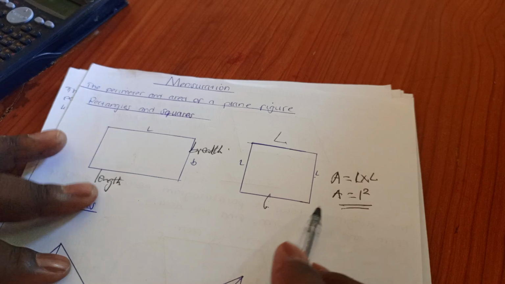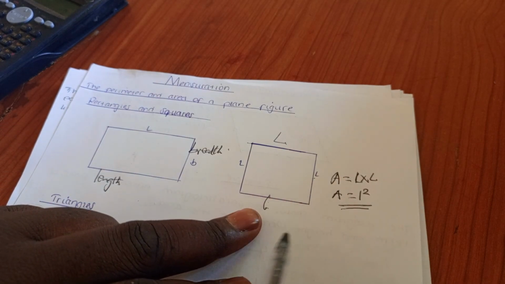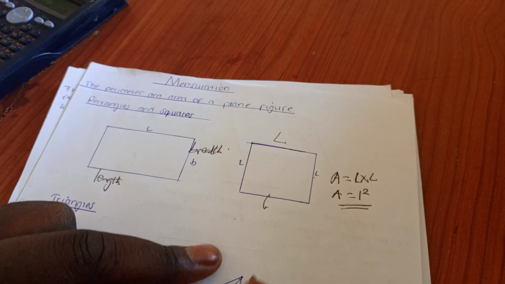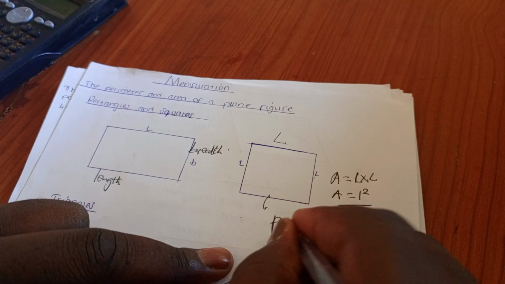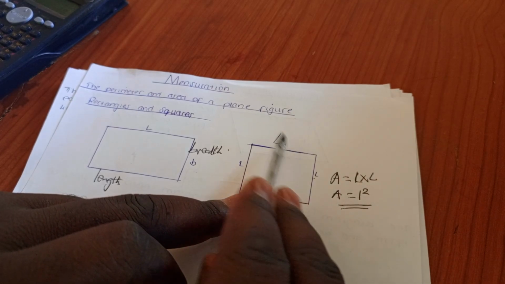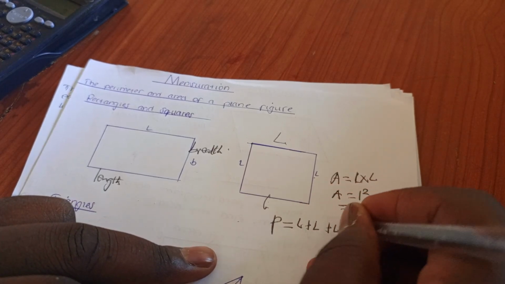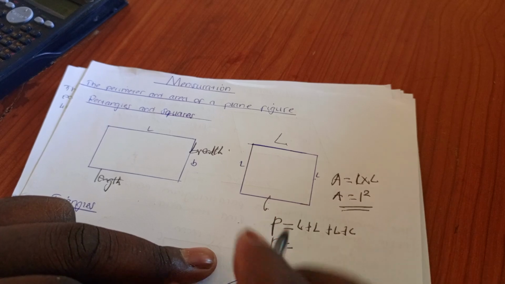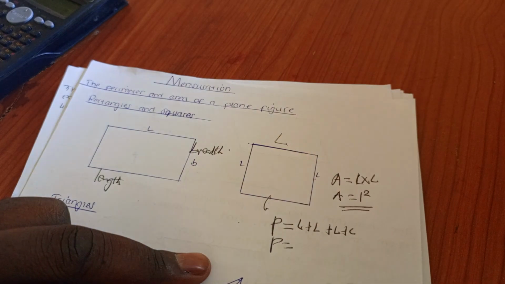Then we talk about the perimeter. Since I said that the perimeter is the distance around a given shape, it means we're going to add. So P, which is perimeter, is equal to L plus L plus L plus L. L plus L is 2L, plus L is 3L, plus L is 4L.